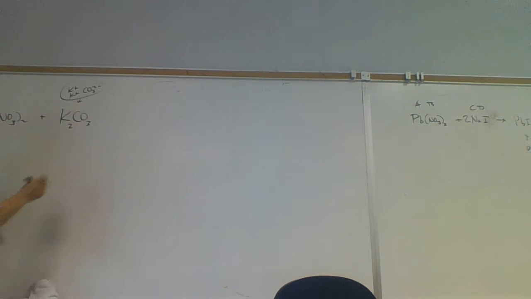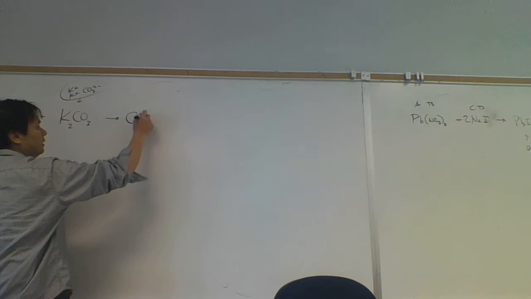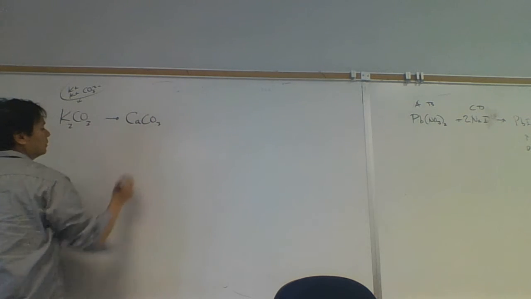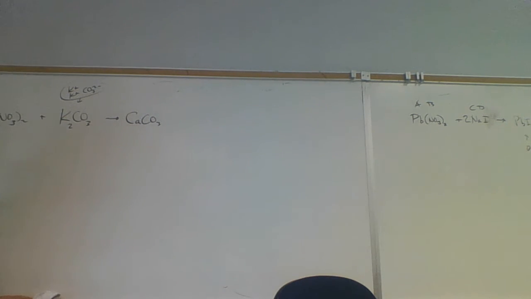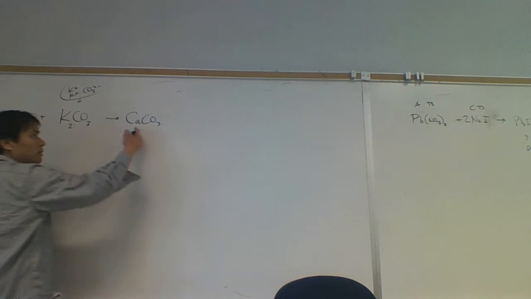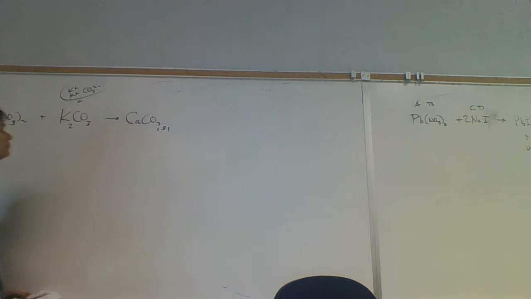So what forms here? Is it a double replacement or metathesis reaction? What's going to form is calcium with carbonate, so calcium carbonate, CaCO3. Is that soluble or insoluble? Carbonates are insoluble except for group 1 and ammonium. This is not one of the exceptions, so it's a precipitate.